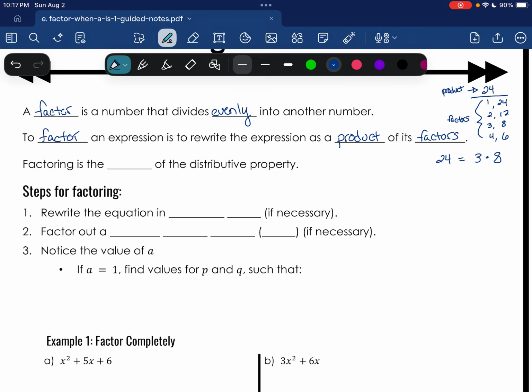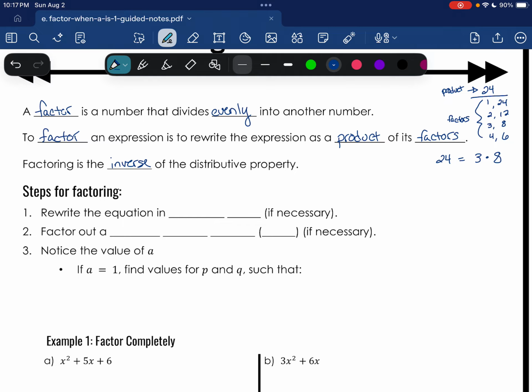Factoring, you'll remember, is the inverse of the distributive property. So undoing multiplying together. Our steps for factoring are going to be the same for all the different kinds of factoring that we follow. So we're always going to have the same couple of steps. That way, it's a pretty streamlined process to follow.